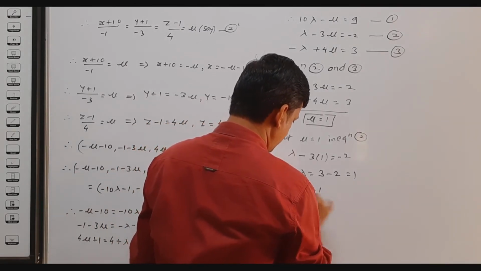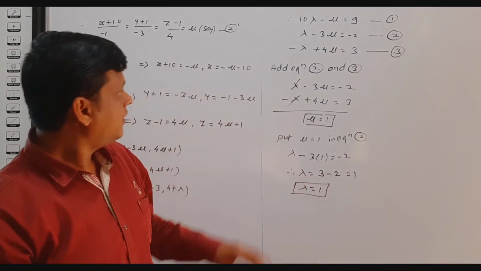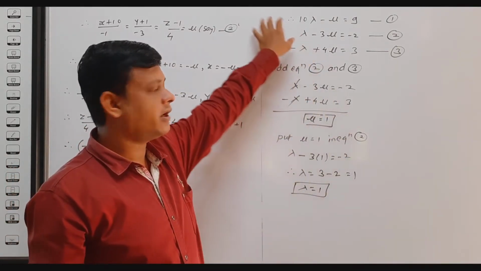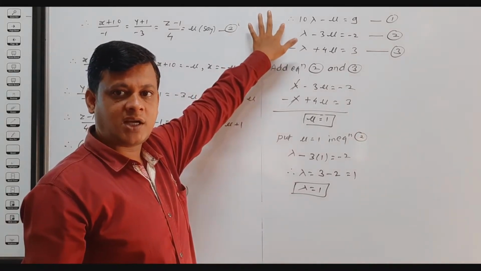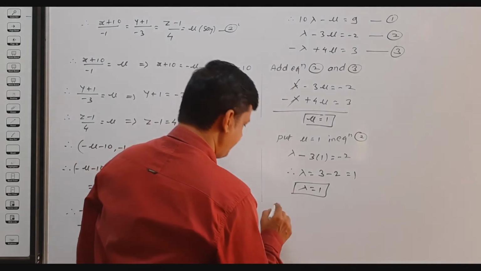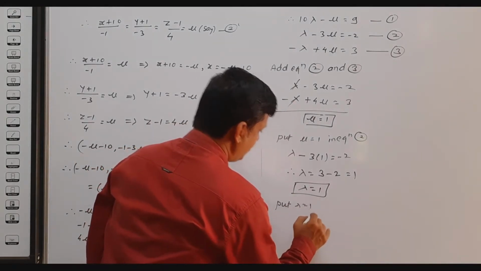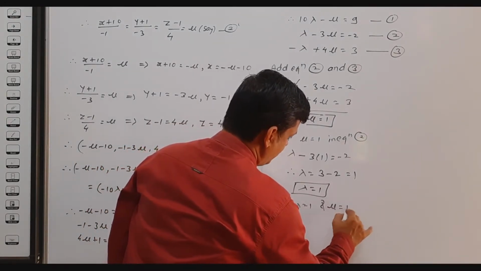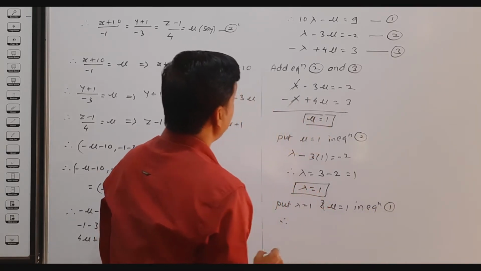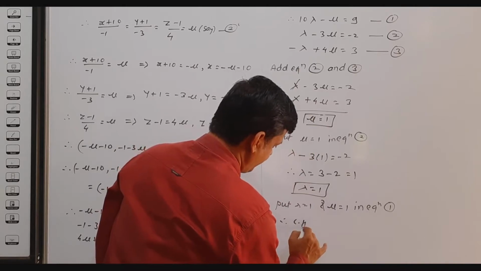Now after substituting lambda equals 1 and mu equals 1 in equation 1, if this equation is satisfied, that means the two lines intersect. So we put lambda equals 1 and mu equals 1 in equation 1. Therefore we consider here LHS.